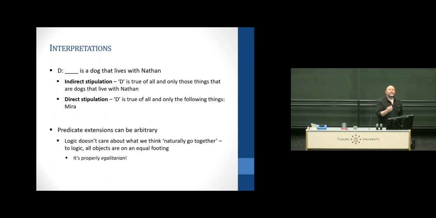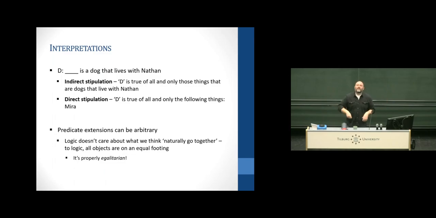But note, to do that, you actually have to go out and look. When you indirectly stipulate the extension of a predicate, you specify a property, and then you have to find out what things do or do not have that property. Let's take the domain of the numbers, all the countable numbers. Cool.